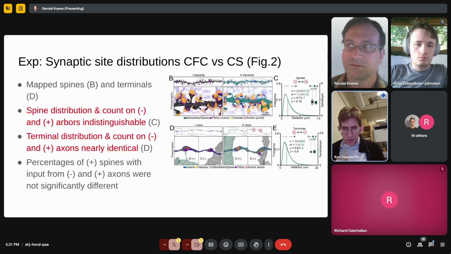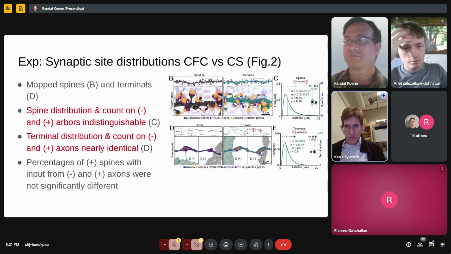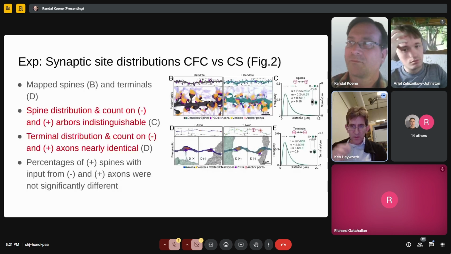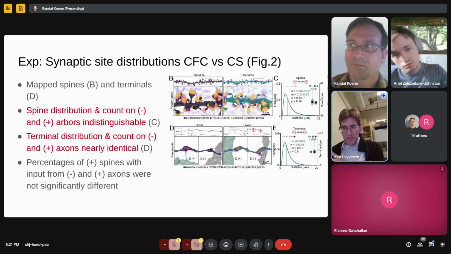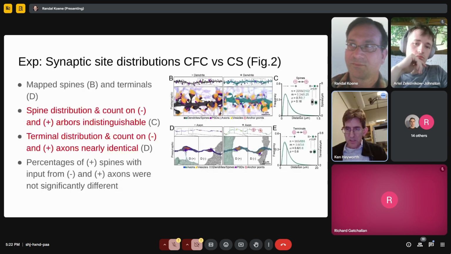And I'm just wondering why they didn't do something similar here, that just says, here's a count. This is the number of synapses from plus to plus versus synapses from plus to minus versus synapses from minus to plus, minus to minus on a subset of minuses that are chosen at random. Am I missing something? Why are they doing this distance metric?